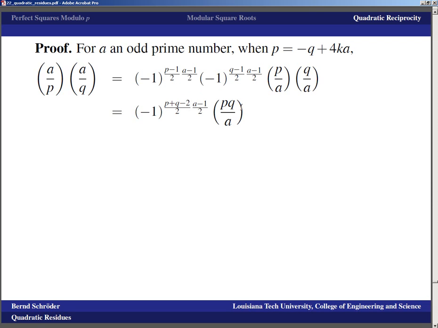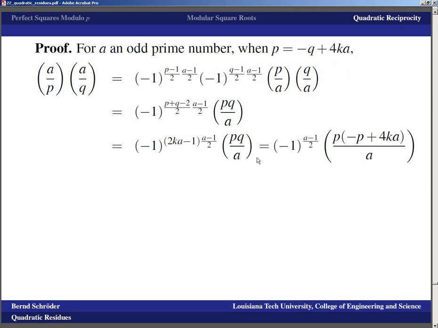The Legendre symbols multiply together, so that's the Legendre symbol of pq over a. And now p plus q is 4ka, right? So that means that this is (−1)^((4ka−2)/2 · (a−1)/2) times the Legendre symbol of pq over a, where (4ka−2)/2 is 2ka−1.